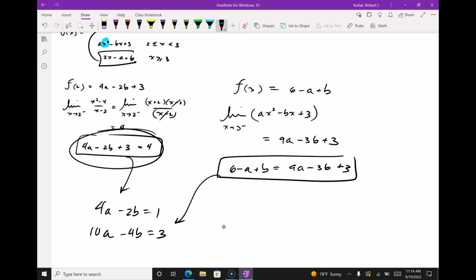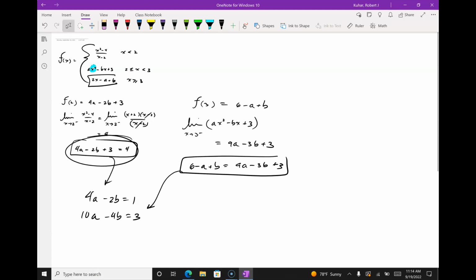Yeah, but I have to be willing to think about what's happening, and in this case, if it's a 3-piece function, I've got 2 places to connect, right? So I'm doing one problem where they connect at 2. There's my value at 2, and then there's my limit going to 2, and I want them to match up, right? Then I have to do the same idea at 3. Those are my 2 places I connect. So I find the value at 3, I find the limit as it's going to 3, and make sure they match up.